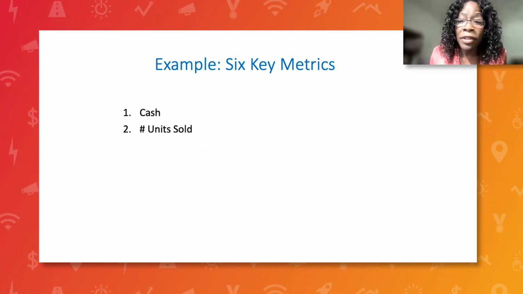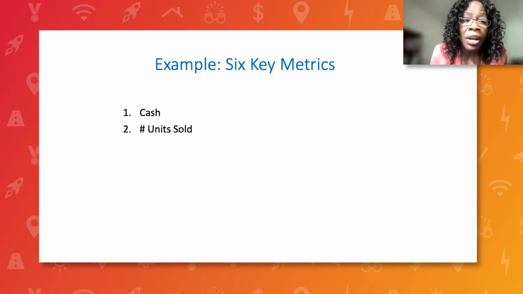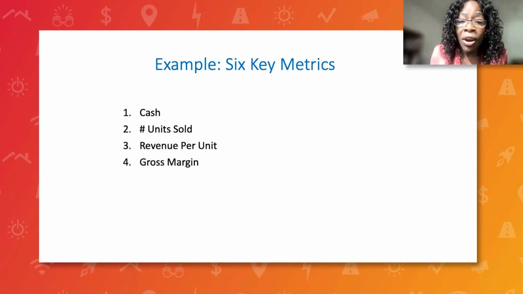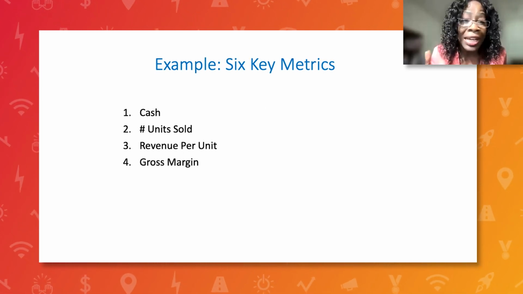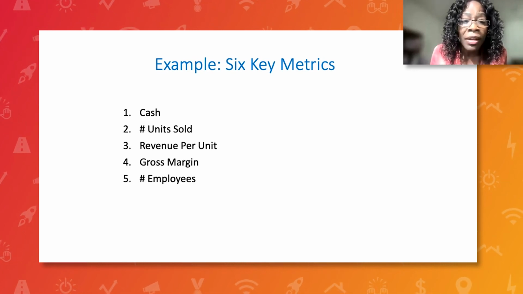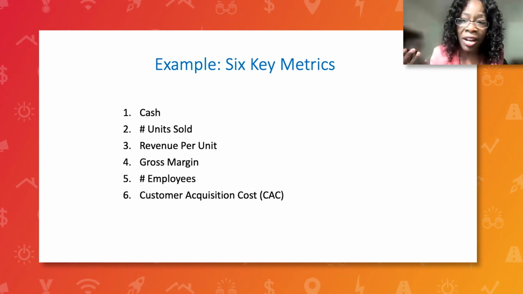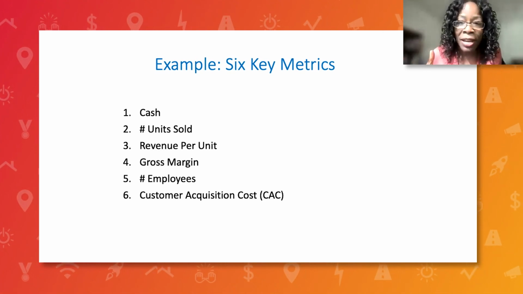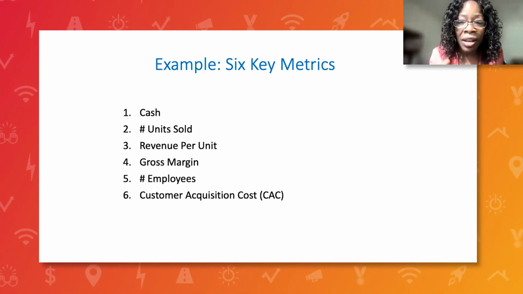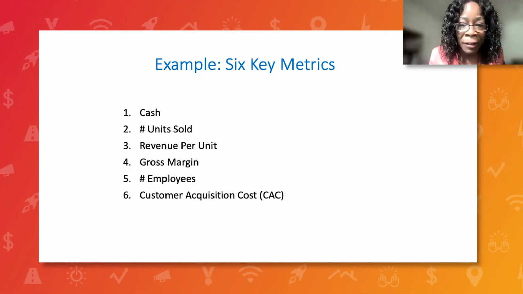So the number of contracts, the number of widgets you sold, revenue per unit, that's pretty straightforward. Gross margin, that's just the profit you're making on an incremental basis on all your products. The number of employees you have. Customer acquisition costs, we talked a little bit about that. And I said founders get hung up on this number because they underestimate all the costs that go into bringing in a customer. If it's more than your revenue, you're losing money.